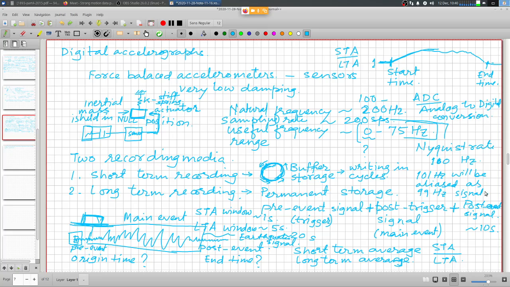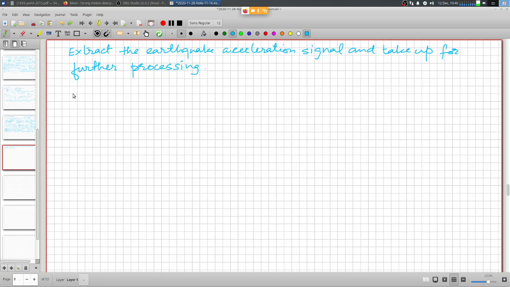So that is a complete corruption of the signal, and therefore what is required is the use of an anti-aliasing filter.